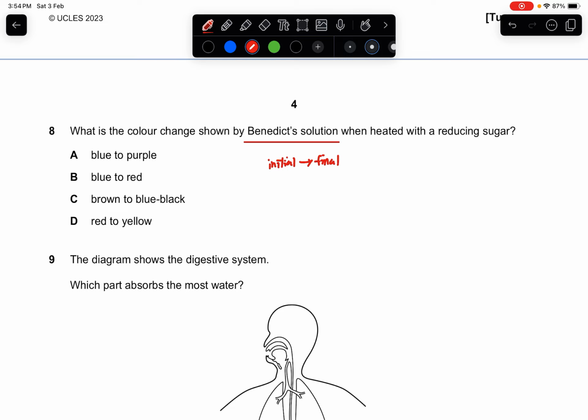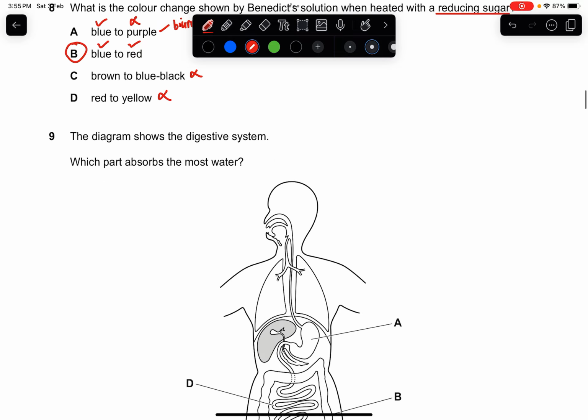So the initial color of Benedict solution is blue. So A and B is correct. But the final, since it's heated with a reducing sugar, it will form a positive Benedict's test. Therefore, red color is my result. Purple is for Biuret test, which is for protein. So the answer is B.